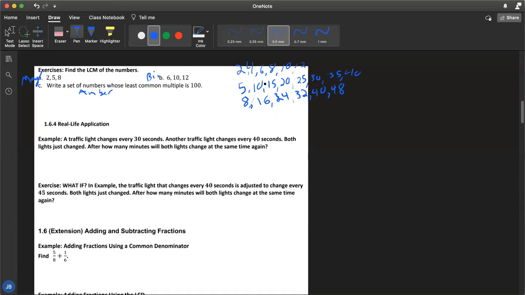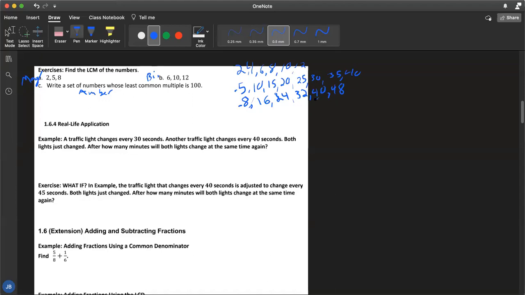10? So 8 doesn't go into 10, right? No. So we got to find something that both 5 and 8 go into. 40? 40, right?